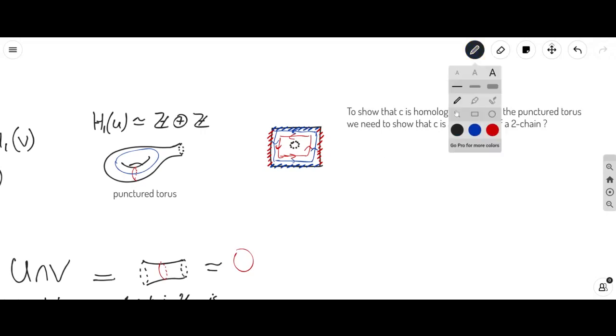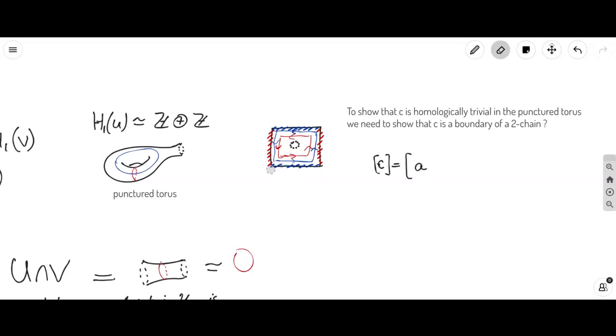So what you really are seeing is that the homology class of C is homologically equivalent to this: maybe you call this one A. Then you go around the red one, so that's plus B. But then you go A, B, and then here you're going in the opposite direction, so that's really negative A. And this is going in the opposite direction, so this is negative B.